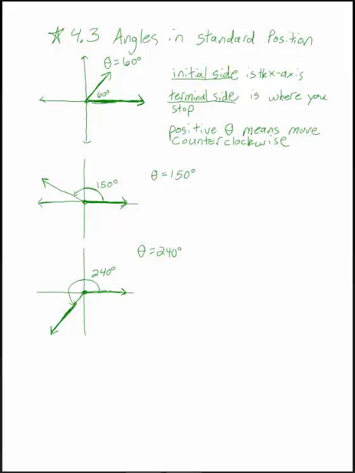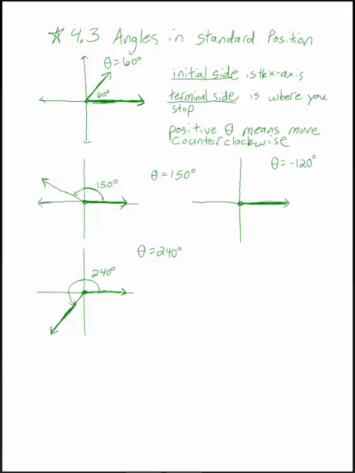Now, notice that I could also measure my angles, and I could call theta negative, and that just means that I'm going to measure my angle going clockwise. So if I had theta being negative 120 degrees, I start on the initial side, my x-axis.